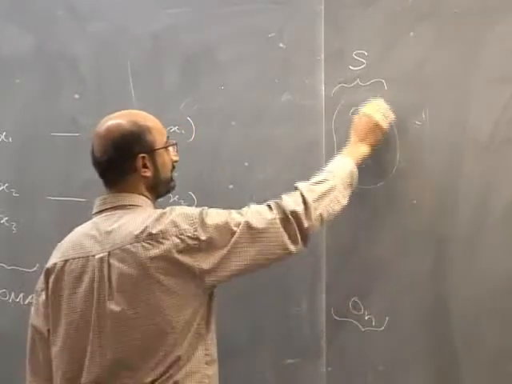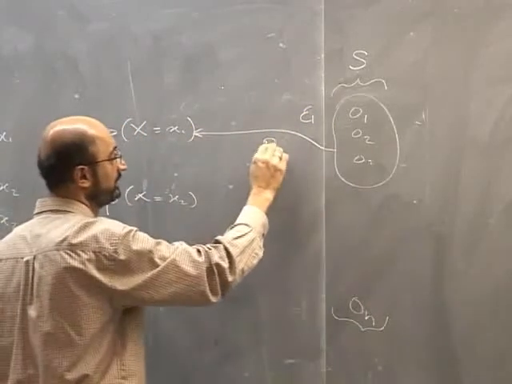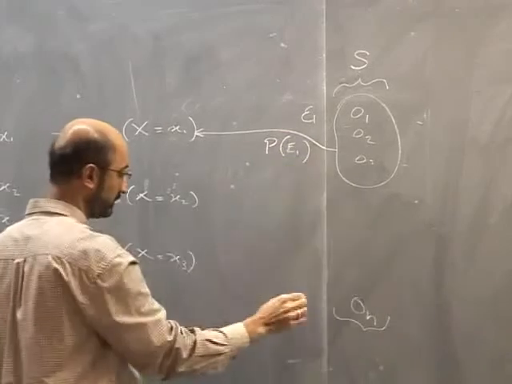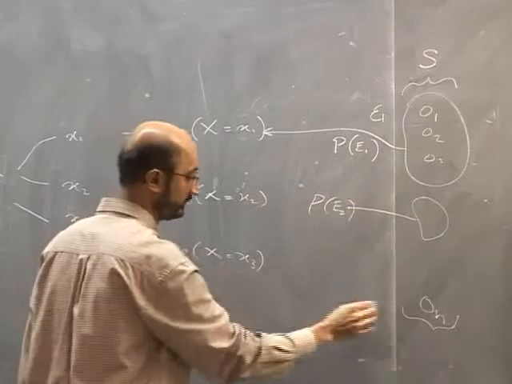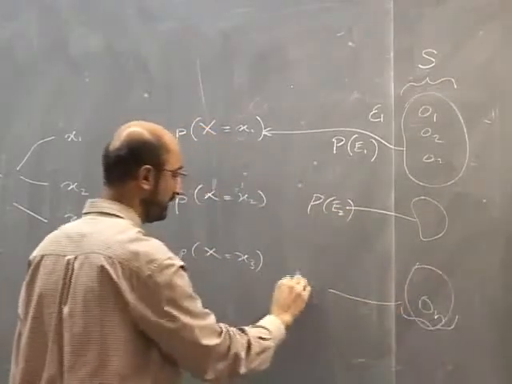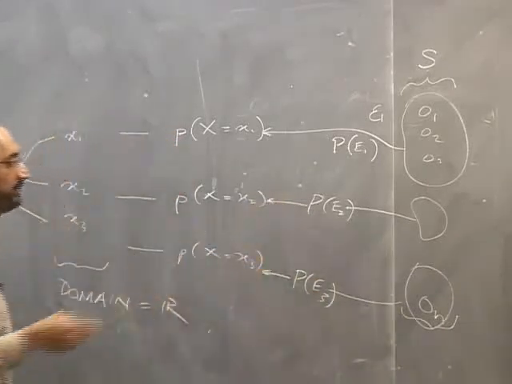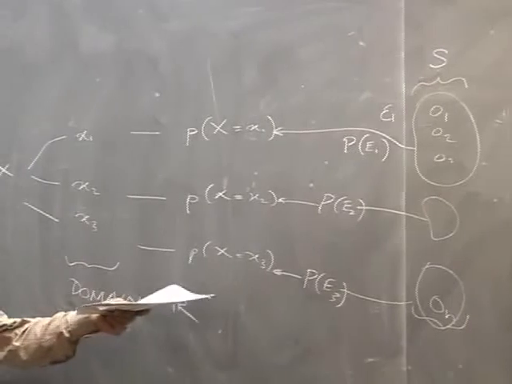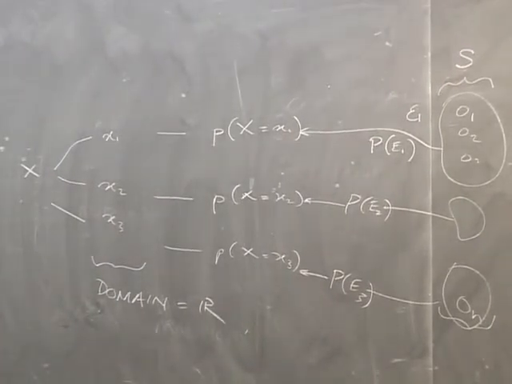I'm going to club these into some events, call this event E1, and clearly there's going to be some probability capital P of E1. There's going to be some other set with capital P of E2, and some set over here with capital P of E3. And this capital P of E3 corresponds to small p of this. So the random variable is not an outcome. The random variable has a probability depending on a set of outcomes.